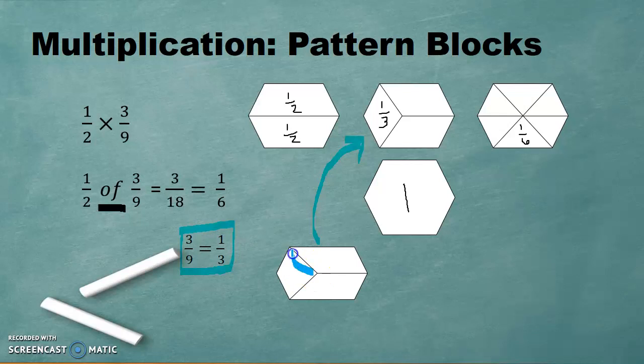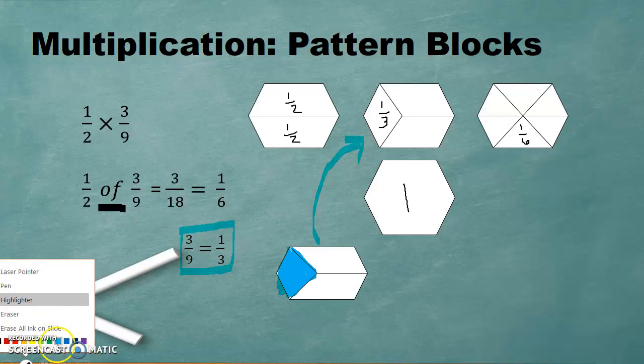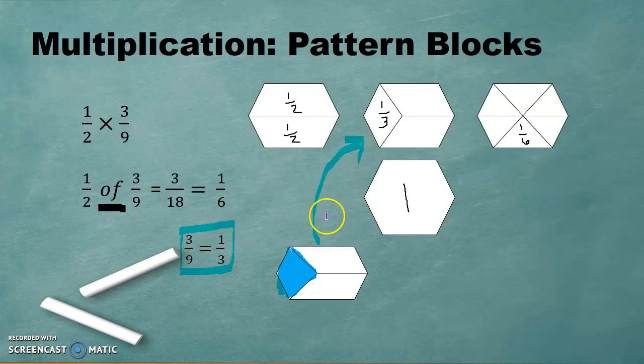So let's shade in 1/3. 1/3 right here. And we are trying to find what 1/2 of it is. So I've got 1/2 right here.